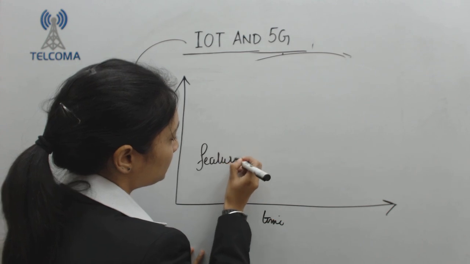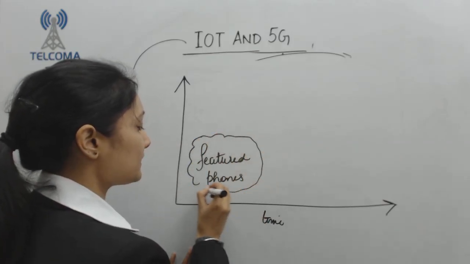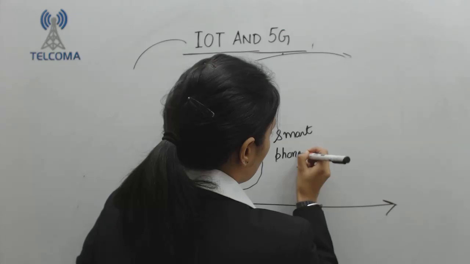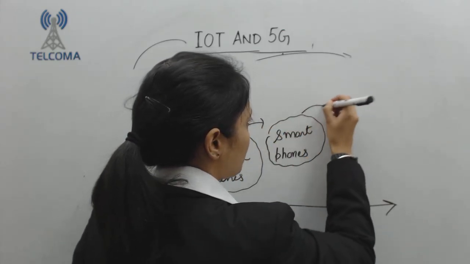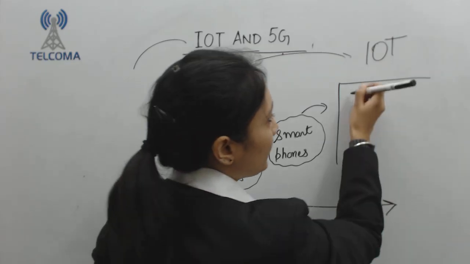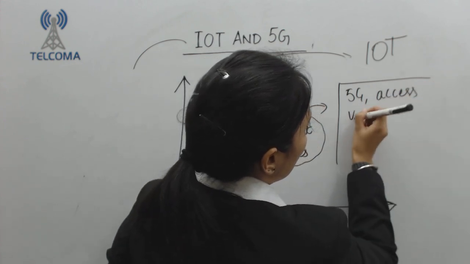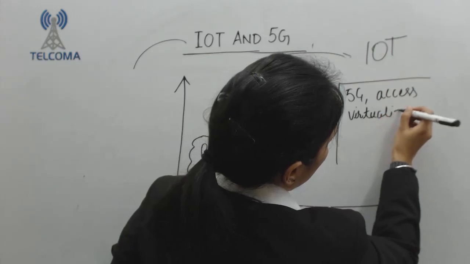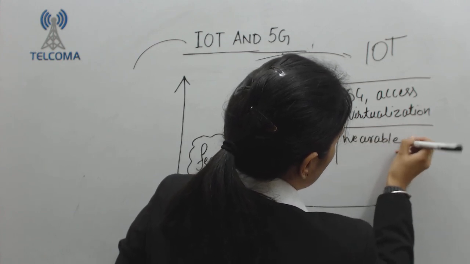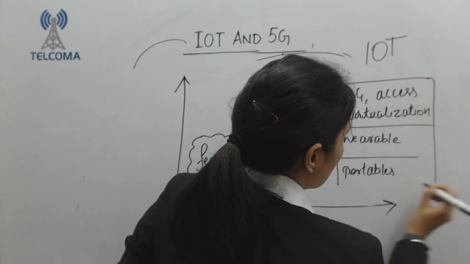First of all, you had initially these feature phones, then trending towards smartphones, and now you have the popular trend of IoT, which has fifth generation of cellular systems, access virtualization, wearable devices, and portables also.